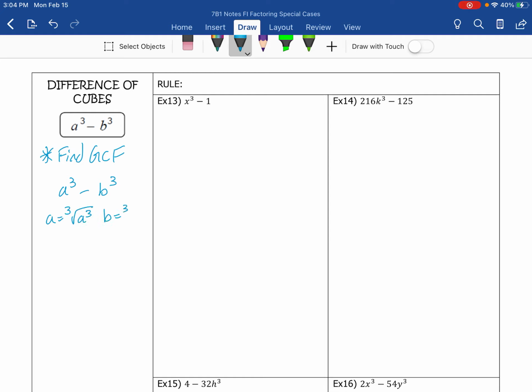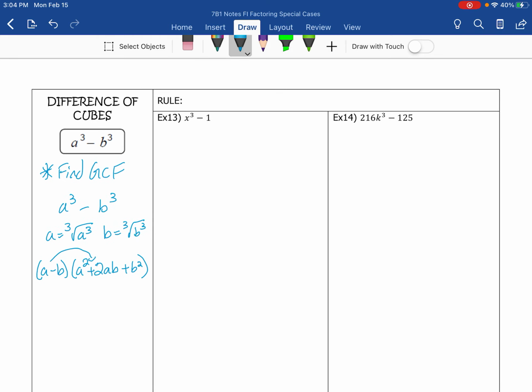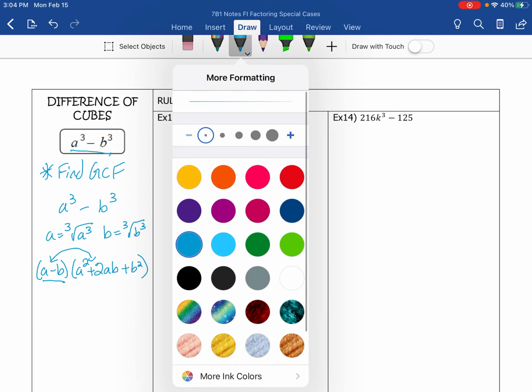Okay, and you have a cubed minus b cubed. A, of course, is going to be the cube root of a cubed. B is going to be the cube root of b cubed. And this formula is going to be a minus b, but it's going to be a squared plus ab plus b squared. The only difference is that these swap with the formulas, and it just has to do with how it started.